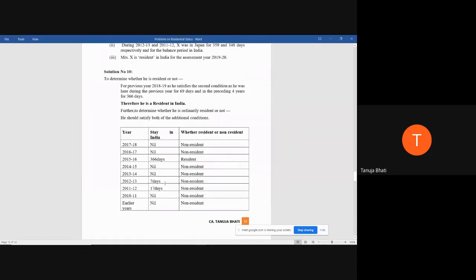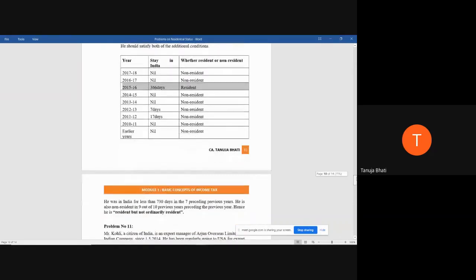And whichever year it is 365 days or less, or even if it is not more than 60 days, he is going to be a non-resident. So he is a resident in only 2015-16. So is he satisfying the first additional condition? No. First additional condition says that he should be in India as a resident for at least 2 years out of the 10 years.